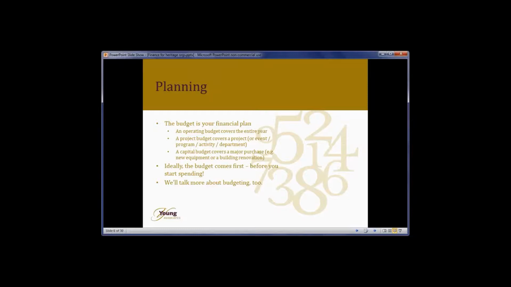If you're contemplating a major purchase, like buying new equipment or renovating your building, you may need to do a capital budget. This is very much like a project budget. The difference is that it's directed at buying assets. So that hitches it up to the balance sheet, and it adds a few extra concerns because you're budgeting for something that is going to be important to your organization over a period of years.